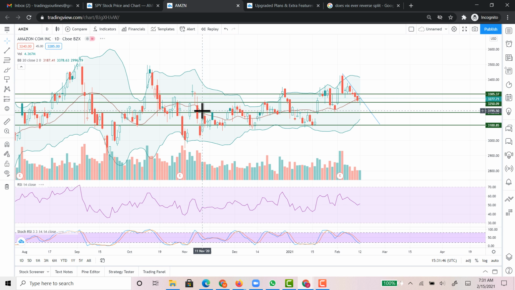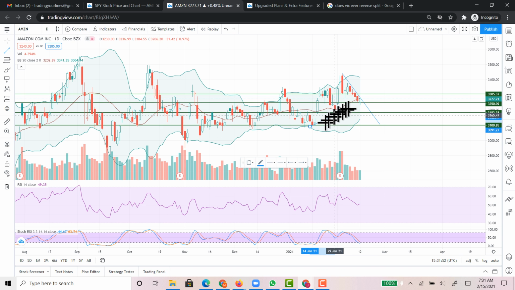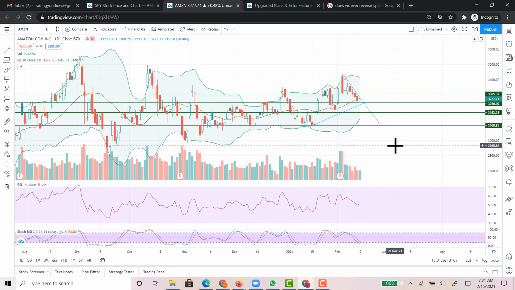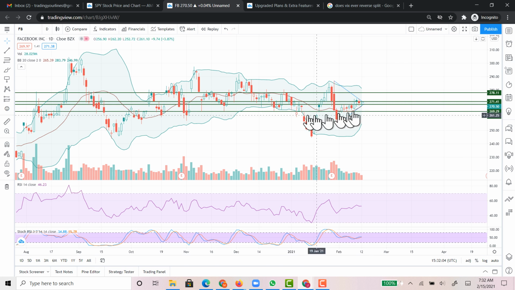Amazon has a similar pattern. The downtrend right now has a wedge forming, which is going to decide which direction it's going to choose. If you look at Facebook, this name is the most bullish but also has a wedging pattern right now. Break the lines, and it's going to decide where it's going to head. It's going upside or downside.